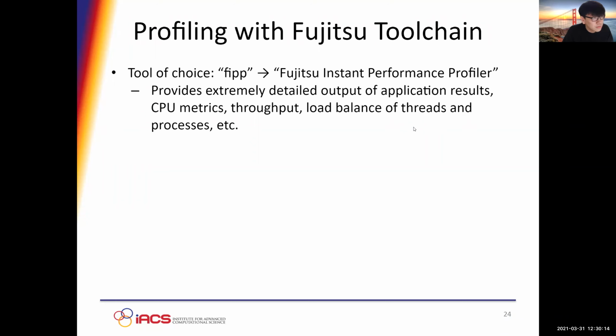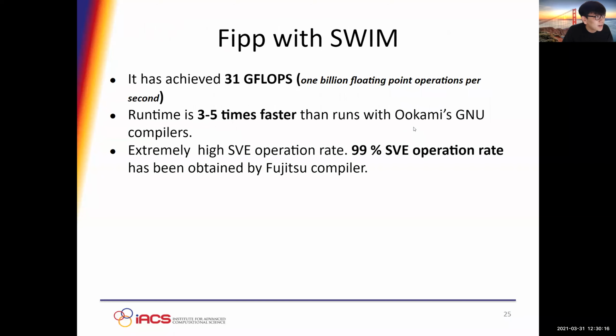So in order to save a little more time, I concluded three facts from the profiler with SWIM. First, SWIM has achieved 31 gigaflops on the Fugaku machine, which is relatively high compared with its size. And the runtime is about 3 to 5 times faster than the runtimes with the GNU compilers on Ookami.